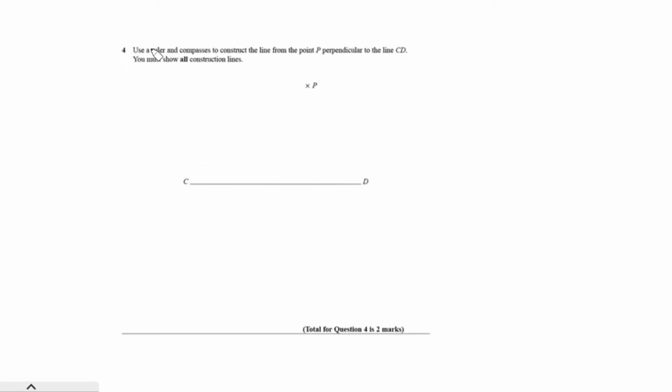So what I would probably do with a ruler is measure, trying to think what I would measure. You basically need to get to a point over here, where it's an equal distance with D. That's the thing, because C is obviously way over here.